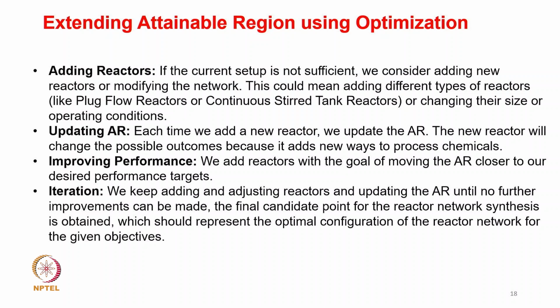Now, once that is done, we can keep on iterating, keep on adding more reactors, adjusting the size until no further improvement can be found. The final candidate point for the reactor network synthesis is obtained, which should represent the optimal configuration of the reactor network, satisfying the list of objectives that we have specified.